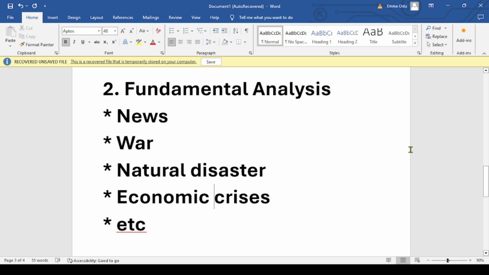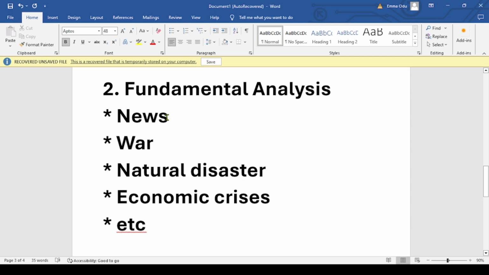The news released by a thriving economy like the US, Japan, China, what have you. All these are strong economic countries, so what happens in their economy also influences the market, especially in the US.